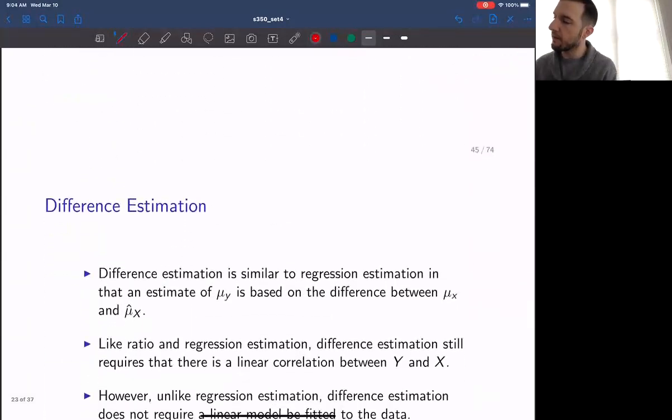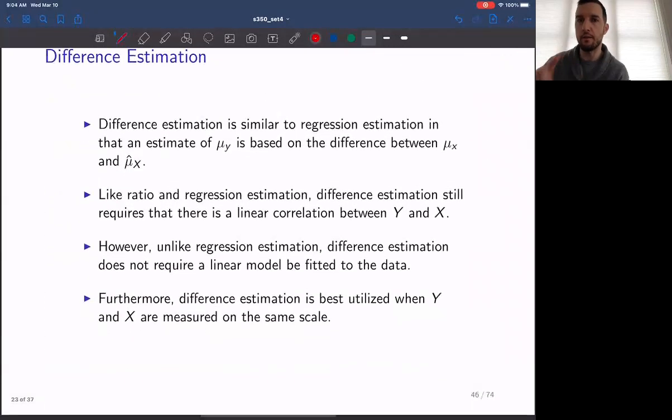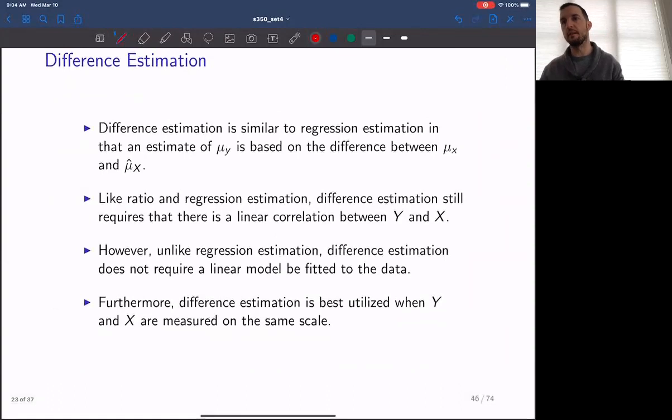Okay, so there is one other estimation procedure that we are going to talk about in this lecture set in the context of simple random sampling. So as a reminder, all of the illustrations that we have seen for ratio estimation and regression estimation have come from estimates that were collected via simple random sampling.